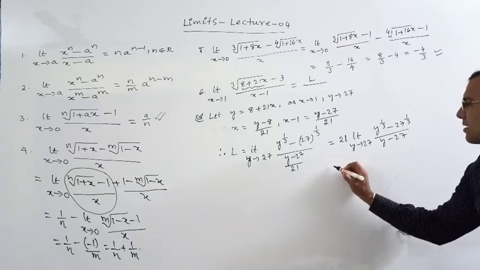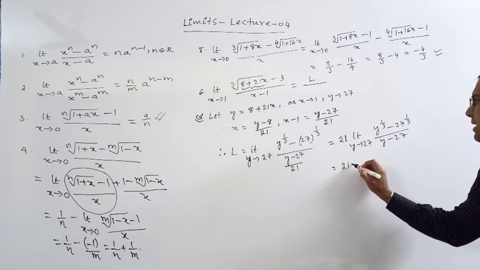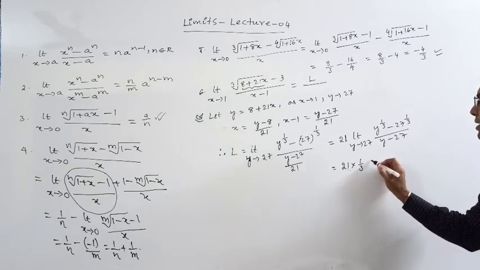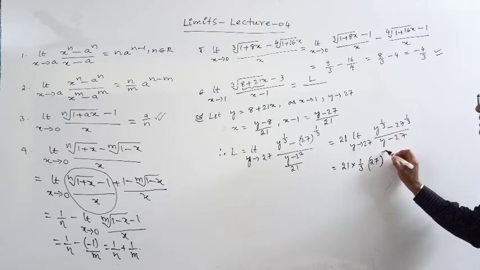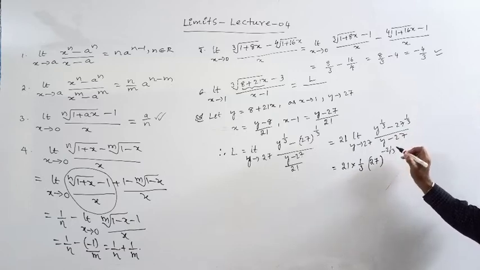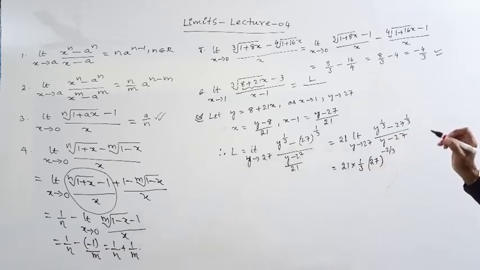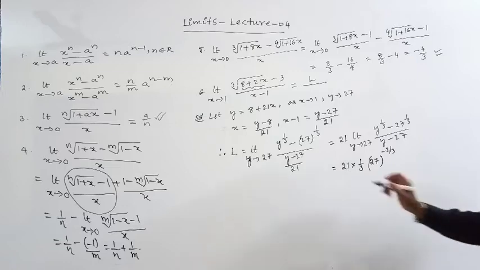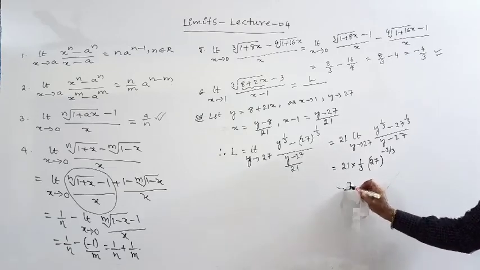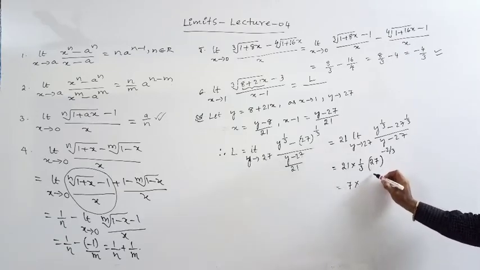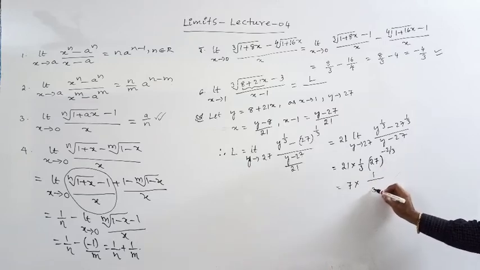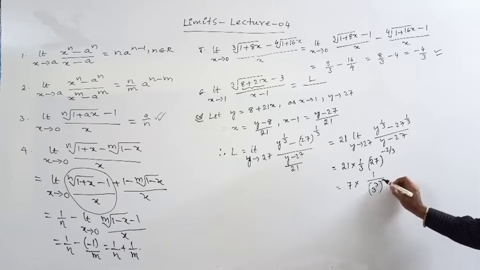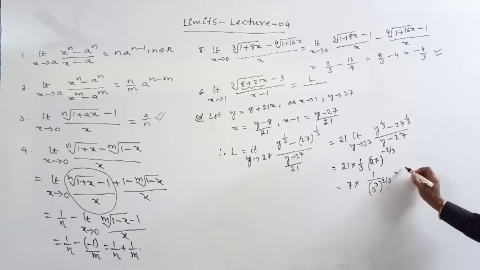So this we got 21 into 1 by 3 into 27 to the power of 1 by 3 minus 1, which is nothing but minus 2 by 3. So this you will get 7 into 1 by (3 cubed) to the power 2 by 3. Then you will get 7 by 9. You write down.